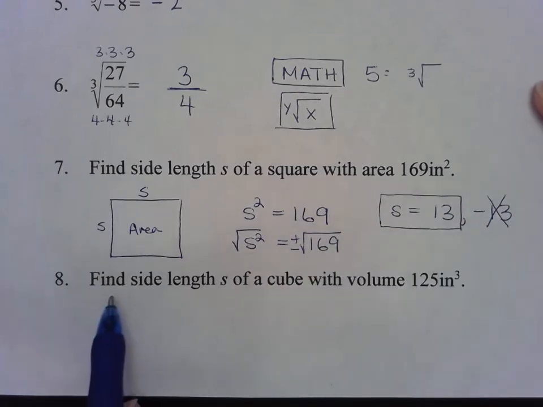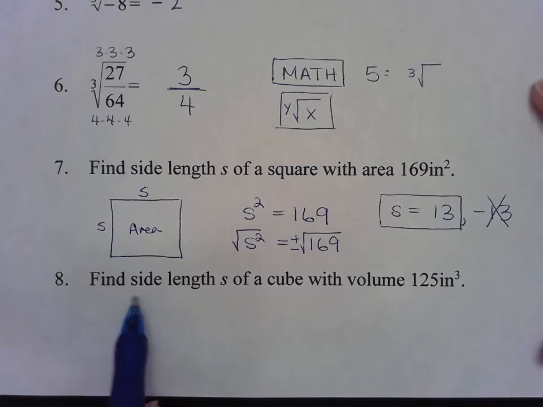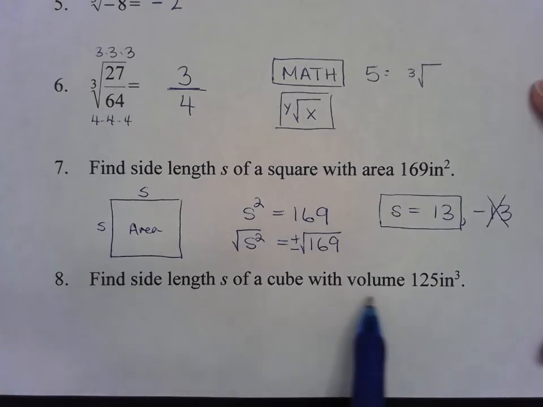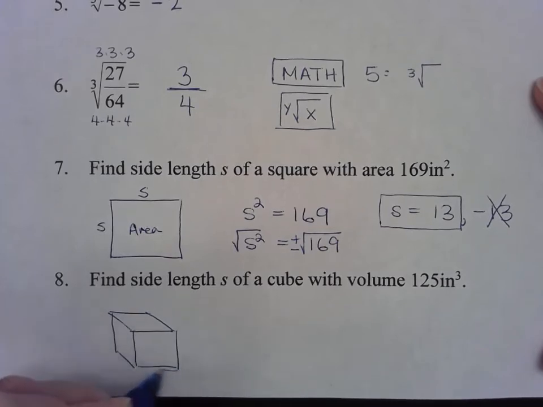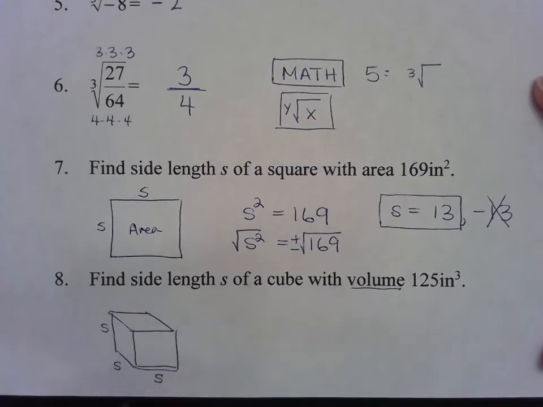Same idea for number 8. Find the side length s of a cube with volume 125. So here's our cube. We have length, width, and height, so volume would be s cubed.